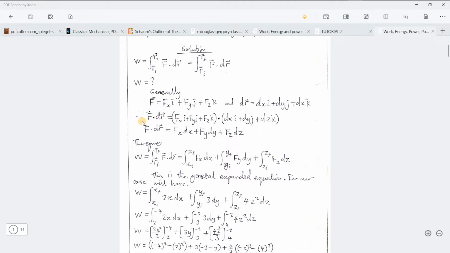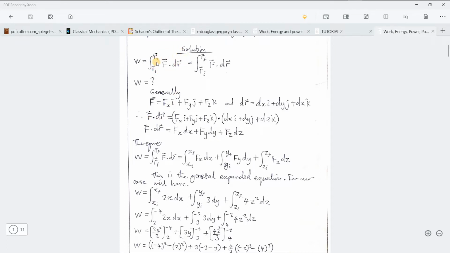Now let's start by taking the dot product of F and the dr vector. That's the general way of writing it. If we take the dot product F dot dr, I'm just taking the part inside the integral.